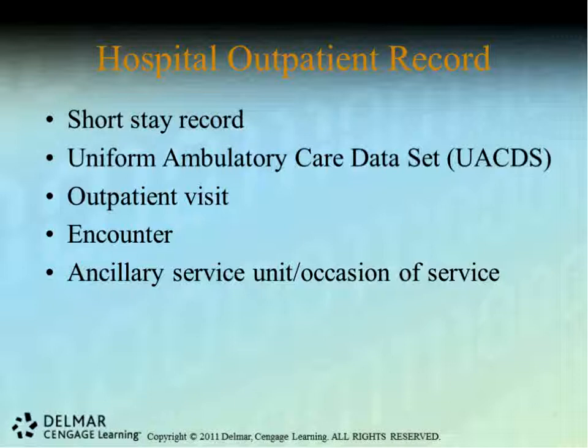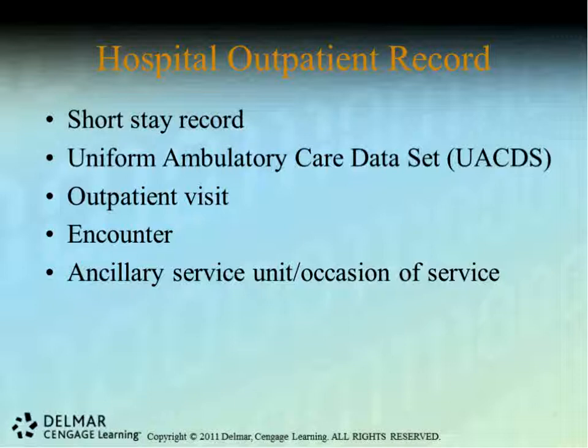And so they will also include a patient registration form. They can have test results from those ancillary departments in a hospital outpatient record. They will have a history and physical exam, progress notes, physician orders, nursing documentation, all can be included in a record.